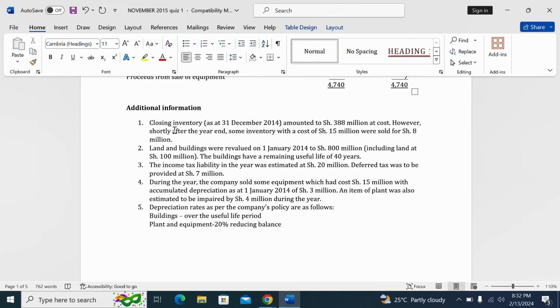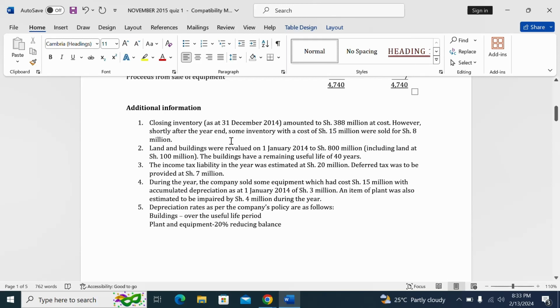If you look at additional information number 1, the closing inventory as at 31st December 2014 amounted to shillings 388 million at cost. However, shortly after the year end, some inventory with a cost of shillings 15 million was sold for shillings 8 million. Therefore, what does that mean?